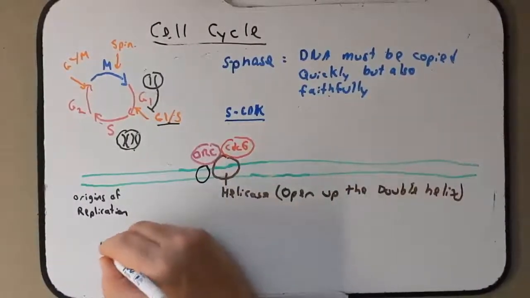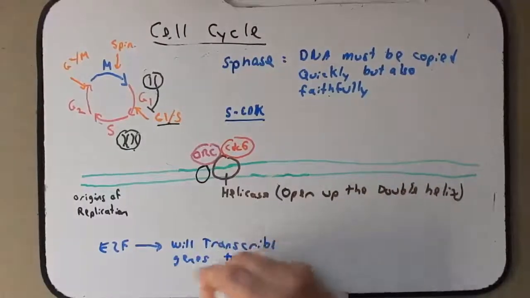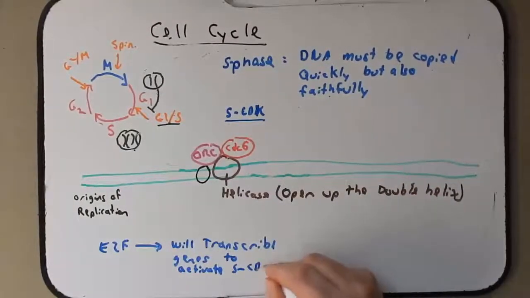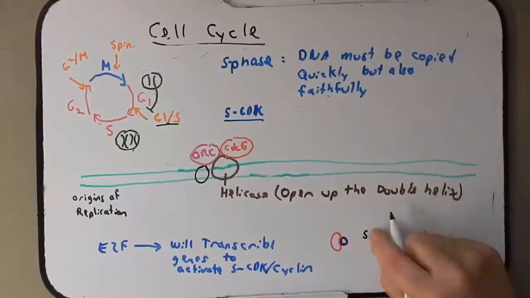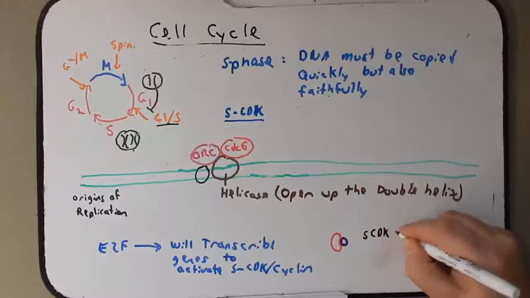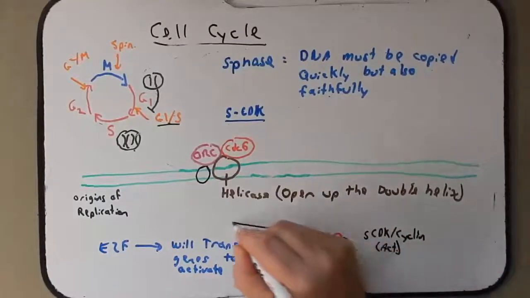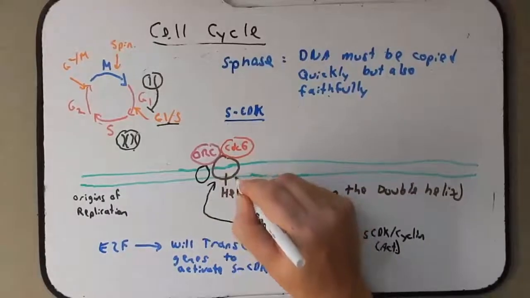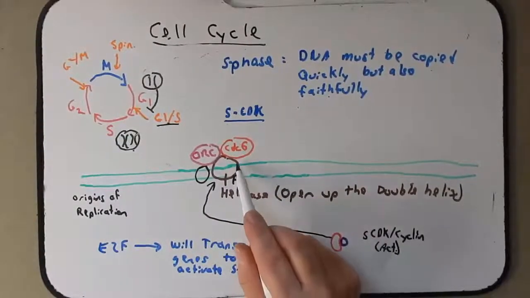So let me draw that out here. E2F will transcribe genes to activate S-CDK cyclin. So we have the activated S-CDK cyclin. And this being activated, what it will do, it will add a phosphate group to helicase. This will allow helicase to start doing its job.